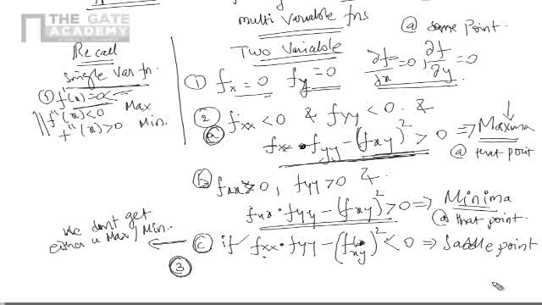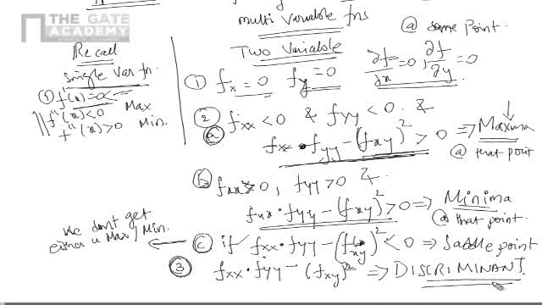Please remember that. For the third case, we call fxx into fyy minus fxy the whole square by a special name, the discriminant. Please remember that this is referred to as the discriminant.